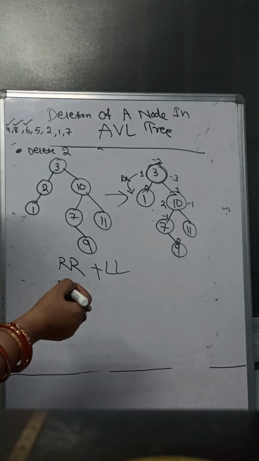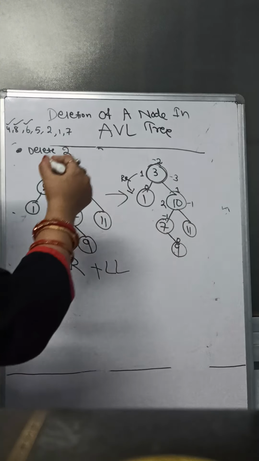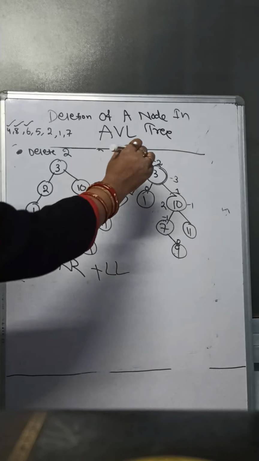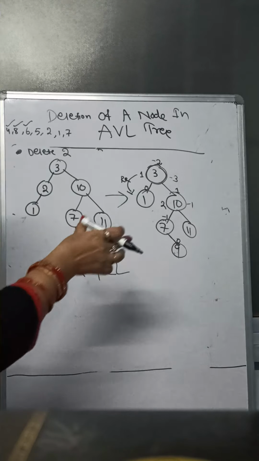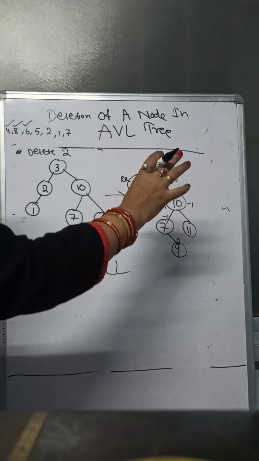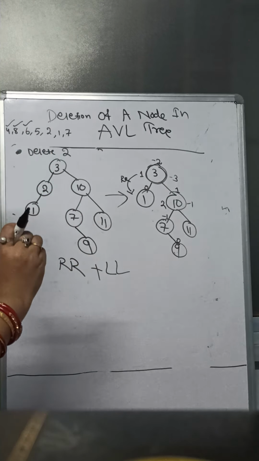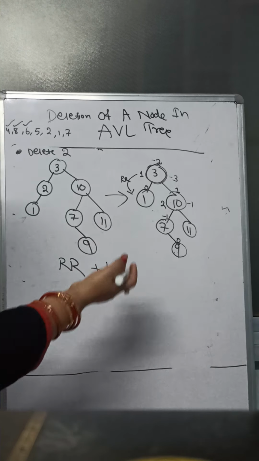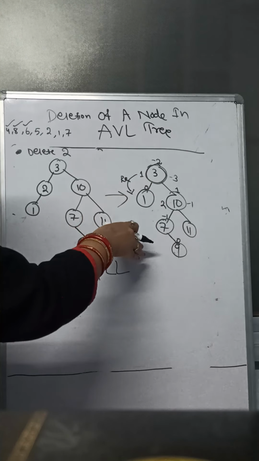From the right subtree, which element should be placed at the root so that the left element is smaller than it and the right element is greater than it? Here the most promising node is 7.